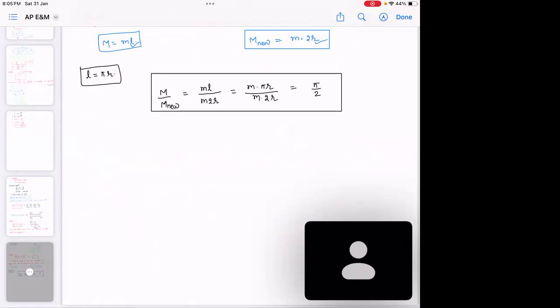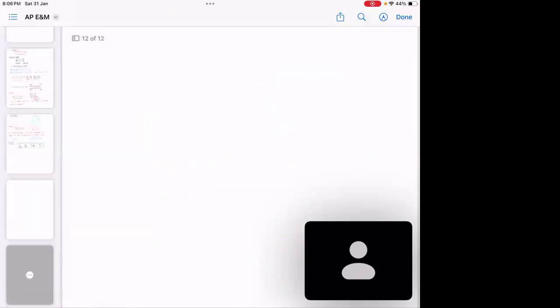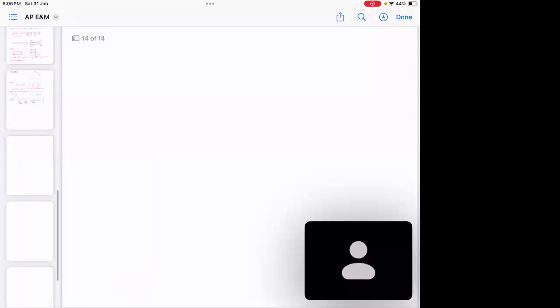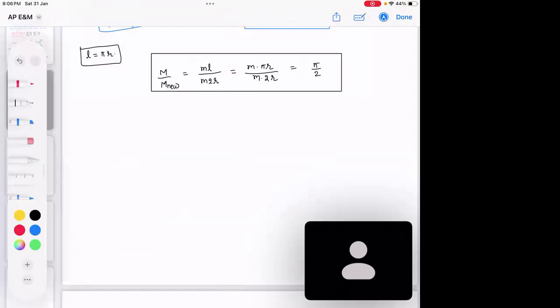Okay, so let's first learn what the magnetic field lines for a bar magnet are. Magnetic field lines always form a closed loop. What does that mean? If a bar magnet is there and we try to draw its magnetic field lines, this is the south pole and this is the north pole.